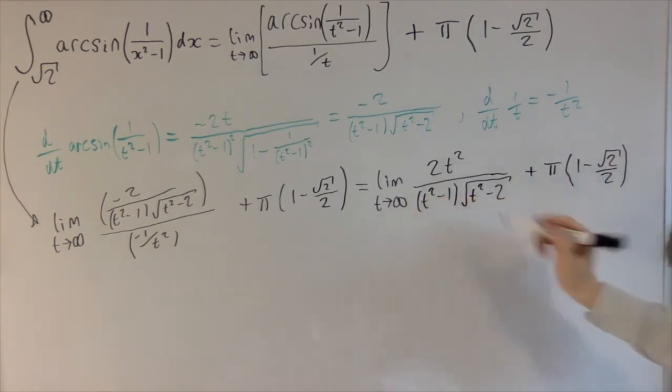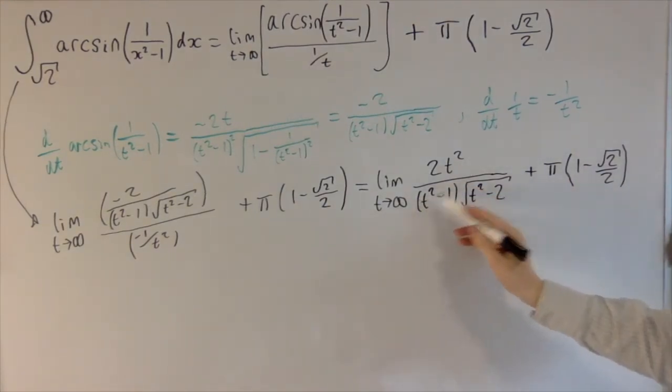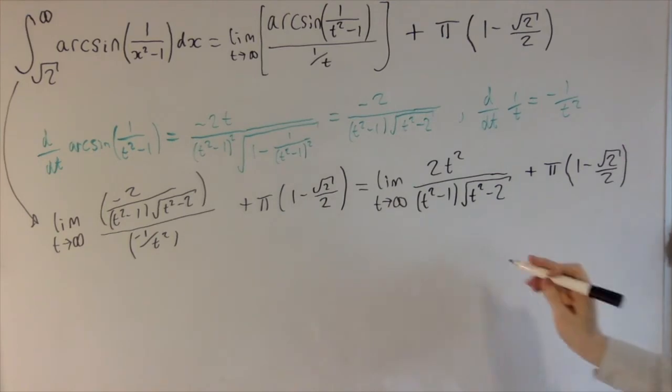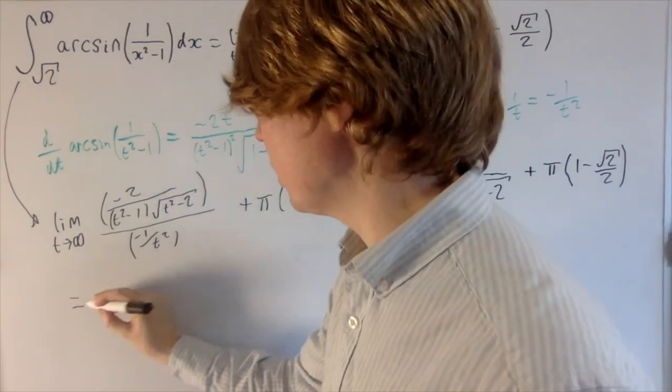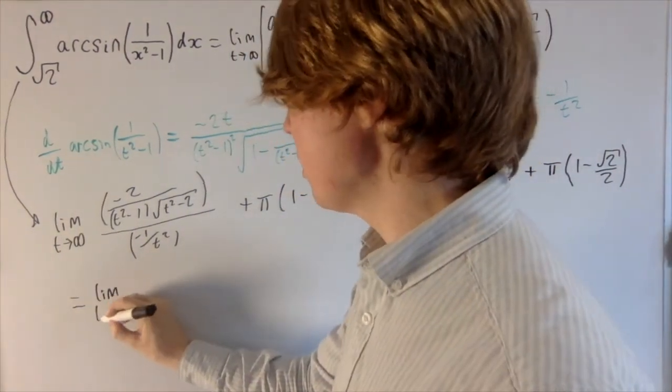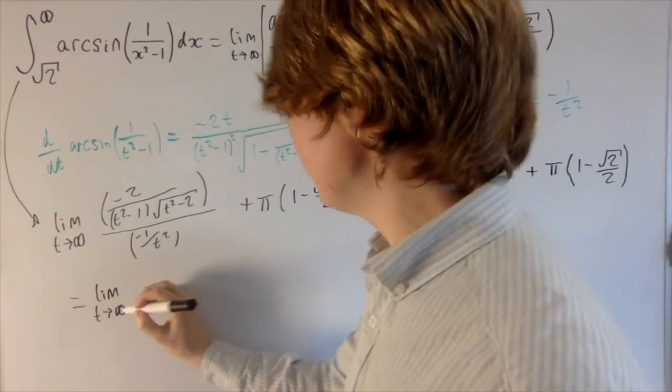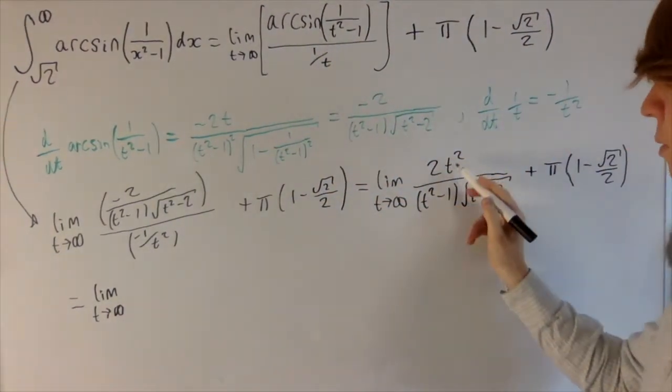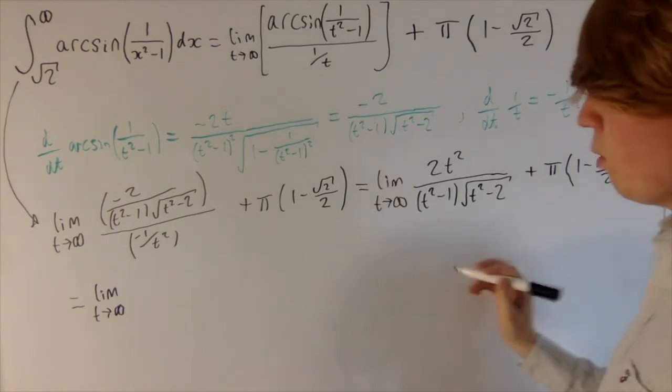So now let's calculate this. You might be able to see that this is going to go to 0, but just to make that really clear, I'll add in another step of working. So we'll get the limit as t goes to infinity of the same fraction, but now I'm going to divide the top and the bottom by t squared.